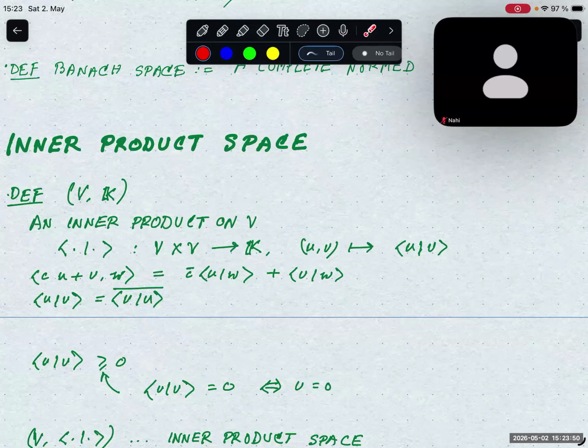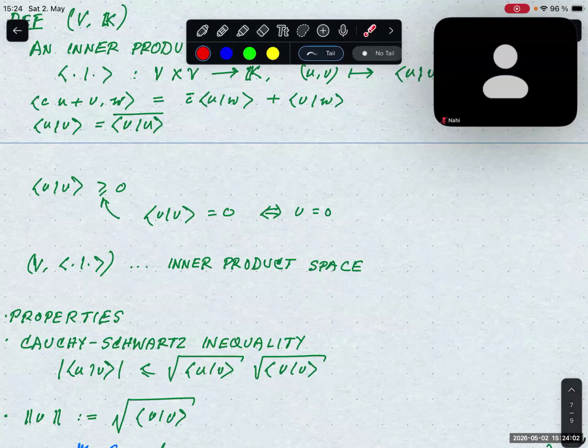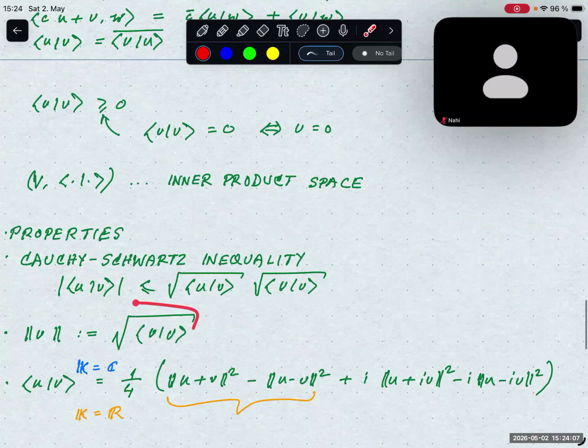So say V is a finite dimensional vector space. In that case, we can still have the norm like this and we still have this notion of completeness. Now the question is: is every finite dimensional vector space complete? So maybe I go for a poll.